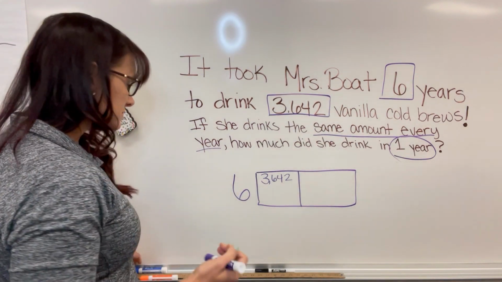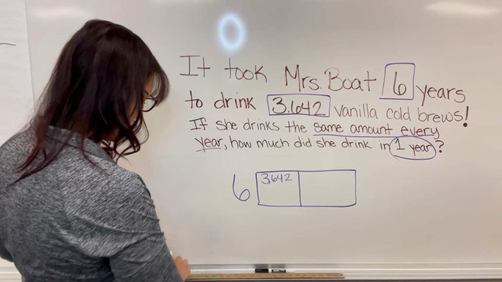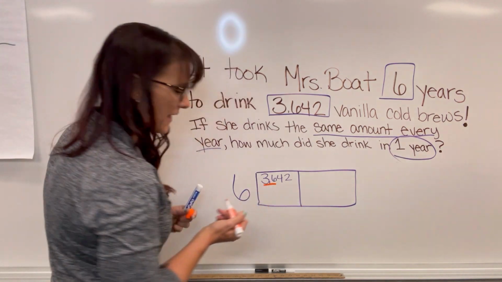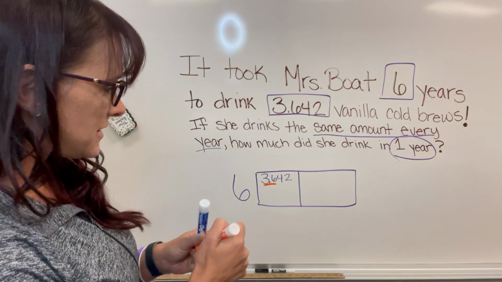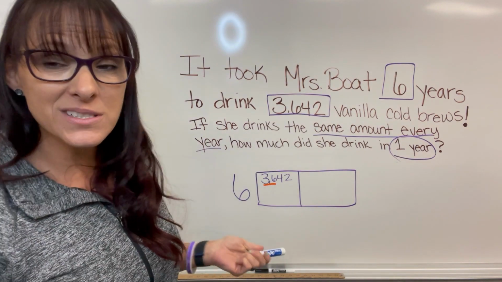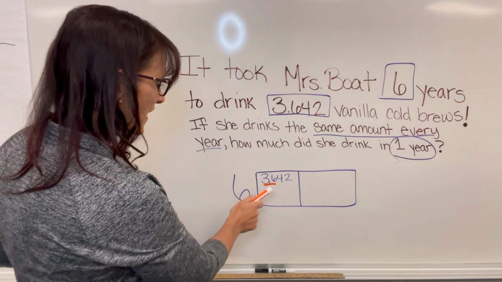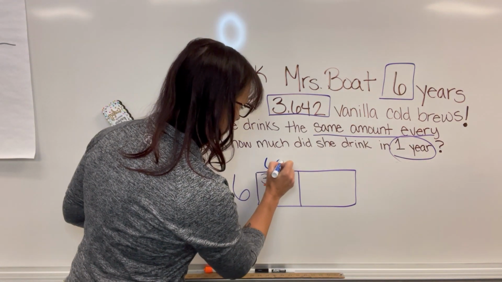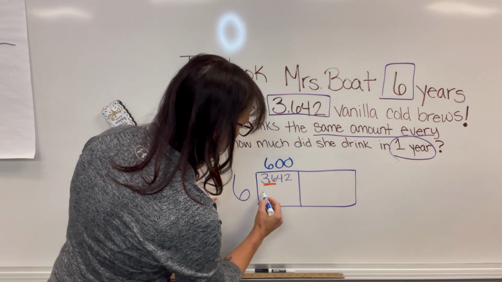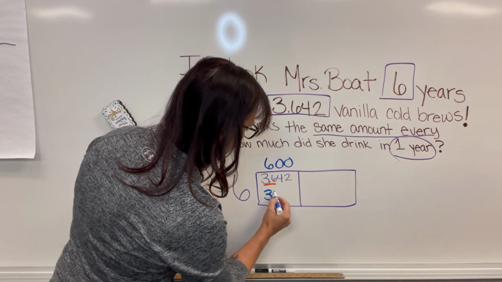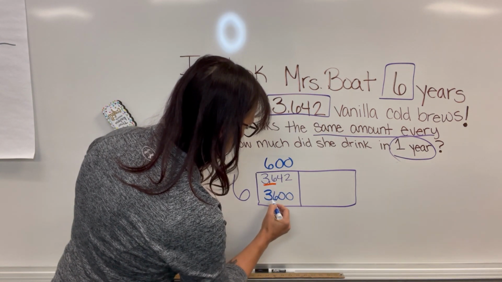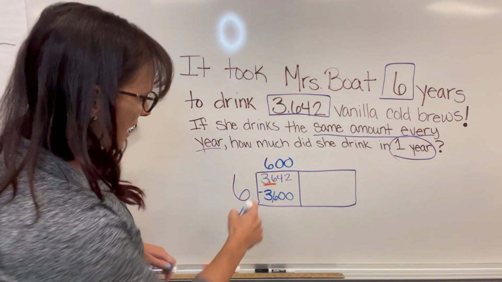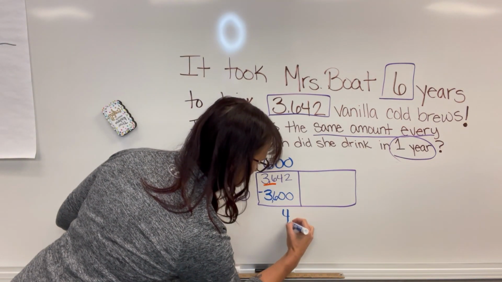So I know, looking right here at that place value, 6 times 6 is 36. If I do 6 times 600, that's gonna give me 3,600. I am gonna subtract that. I'm gonna end up with 42.